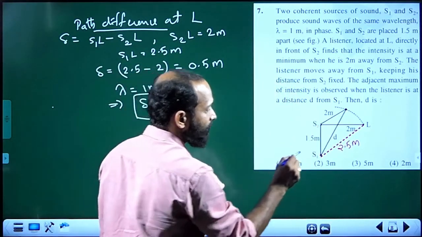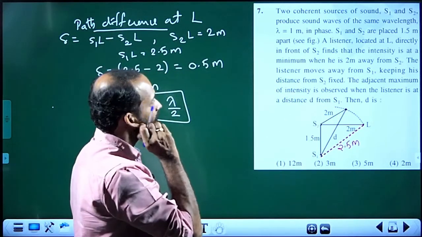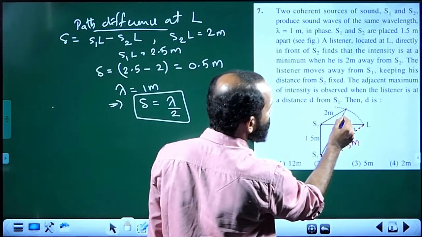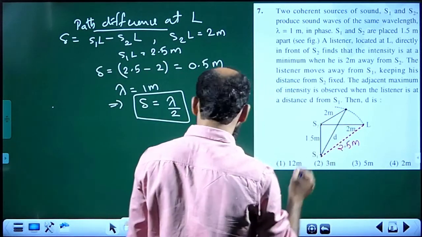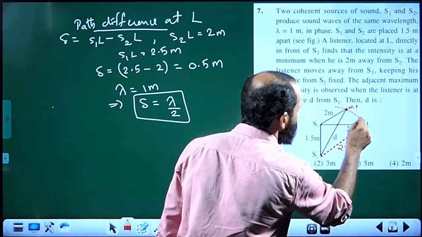But the distance from S1 to that point would change. And at some position the listener reaches, he listens to a maximum.